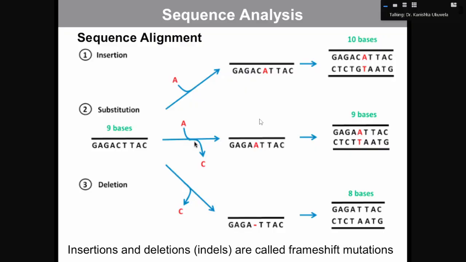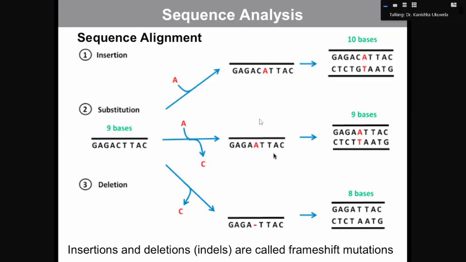For example, the cytosine in the fifth position of the 9 nucleotide sequence is being changed or replaced by an adenine. So the number of nucleotides did not change, but one nucleotide has been replaced by another one.